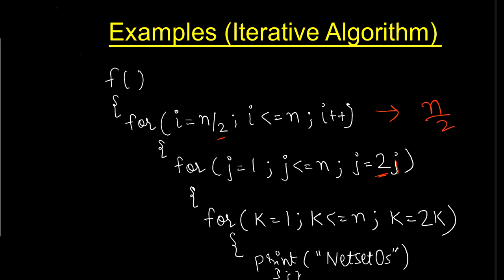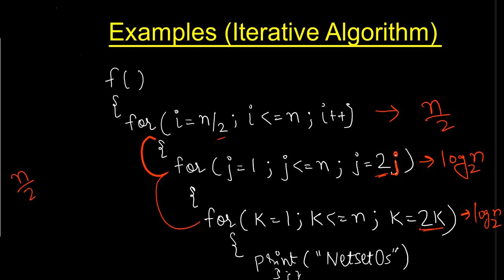Now this time it is 2 into j. That means we can simply write log n to the base 2. And here also 2k, log n to the base 2. And they are not depending on each other. They are nested. So if I calculate its time complexity, it will be n by 2 times log n base 2 to the square, as they are the same.